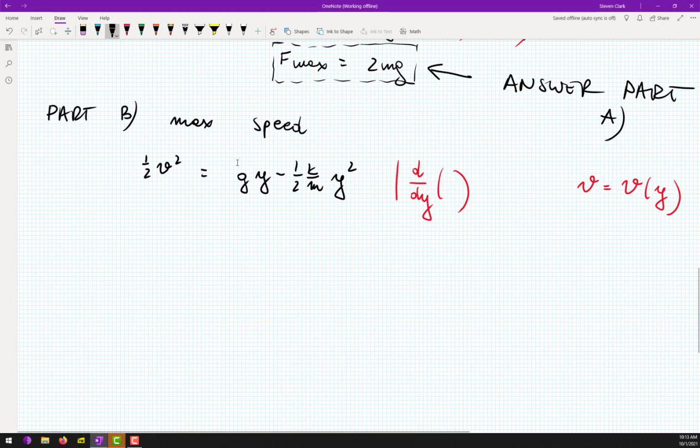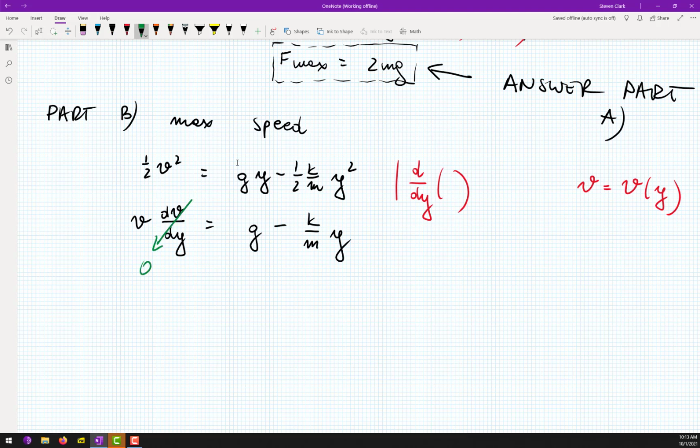Okay, so I think that the left-hand side will be v dv/dy, and this is equal to g minus (k/m) y. And Kyle said that our derivative has to be 0.